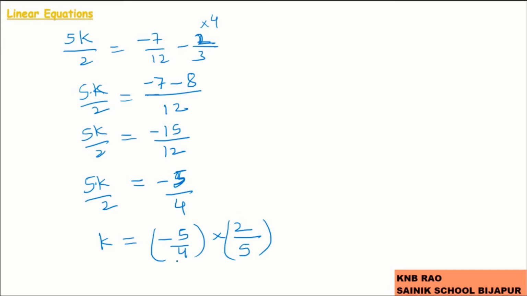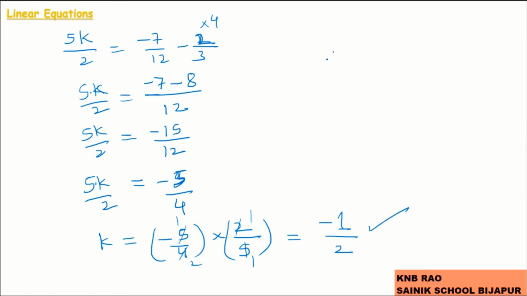So now on cancellation, 5 ones are 1, minus 1 comes here, 2 ones are 2, 2 fives are 4, it gives you minus 1 upon 2.